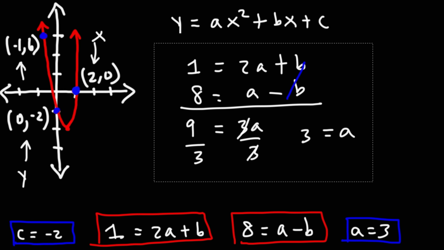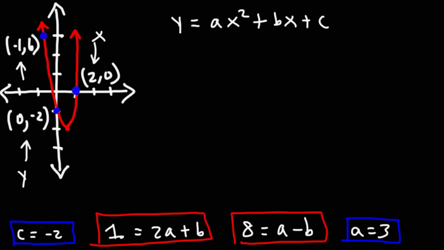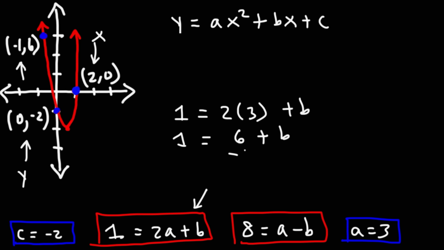All we need to do at this point is solve for b. So let's use the first equation to do that. Let's replace a with 3. 2 times 3 is 6. Now let's subtract 6 from both sides. So b is going to be 1 minus 6, which is -5.